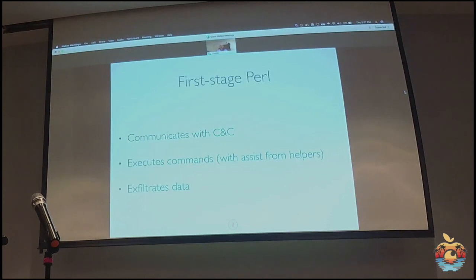And one of the things that this malware would do, which is common to most backdoors, is exfiltration of data. And it was particularly interested in any kind of images or audio. So anything through the microphone, anything through webcam, screenshots, you name it, that sort of stuff. It was very interested in that data.